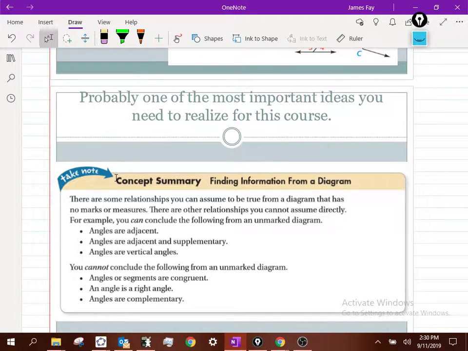But this list is a very short list of things that we can look at a picture and make an argument or a fact about the picture based on the way it looks.